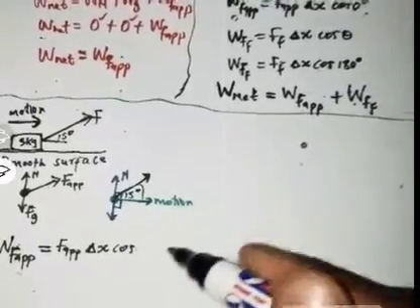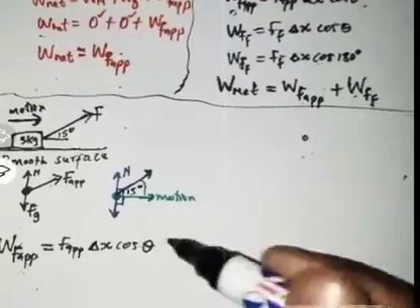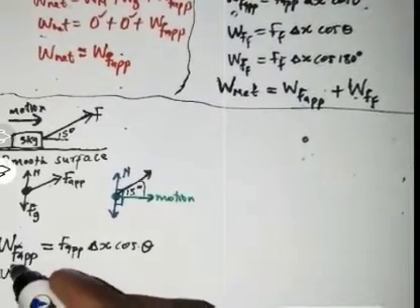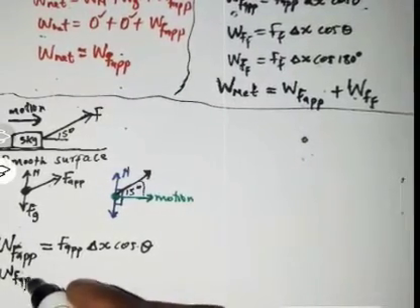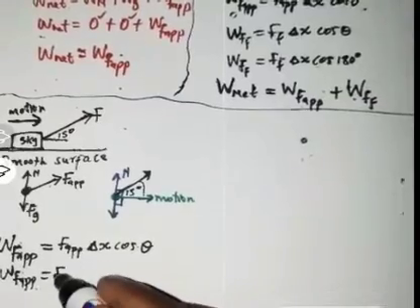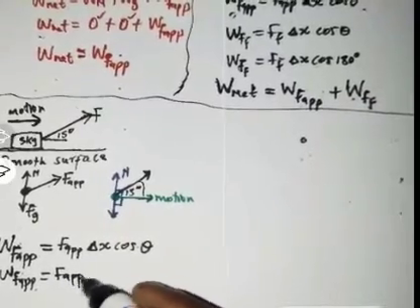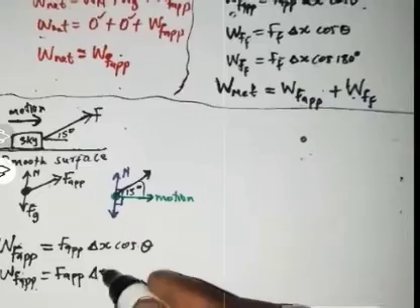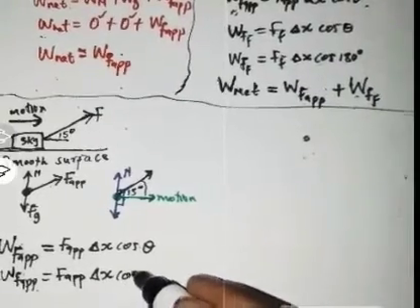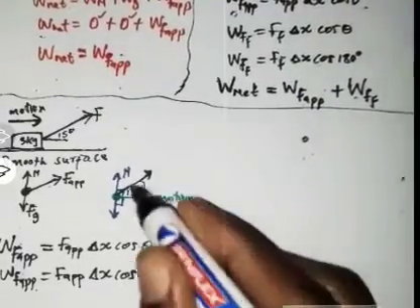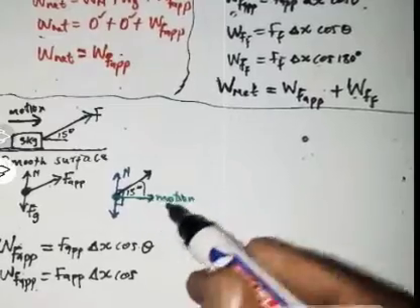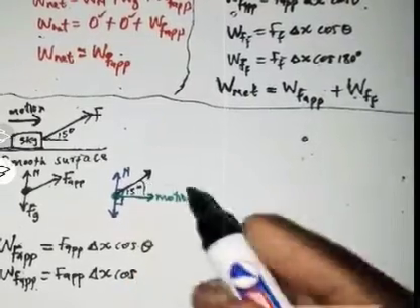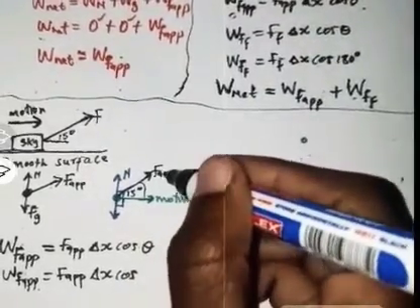Now the work done by the applied force equals the force applied moving that distance. Now the cos: what is our theta in this case? It is the angle between the motion and the force applied, which is F here, and the angle between that is 15.